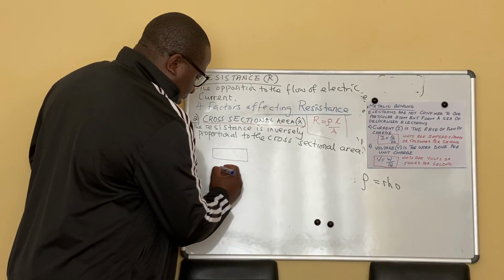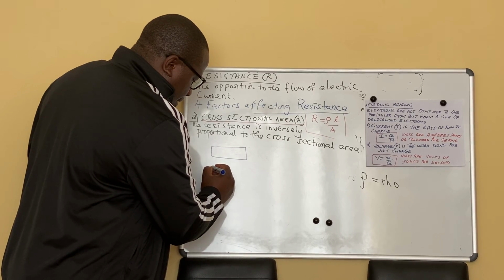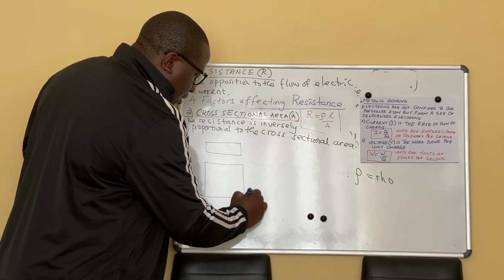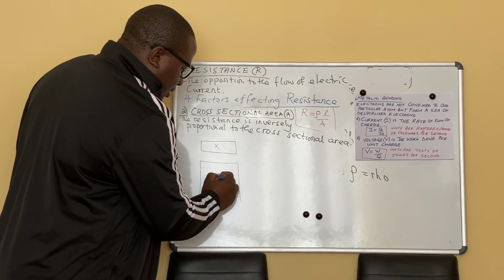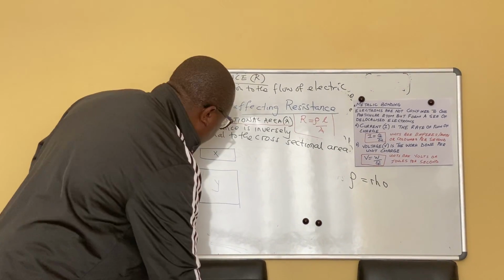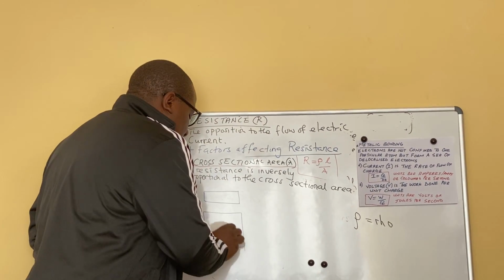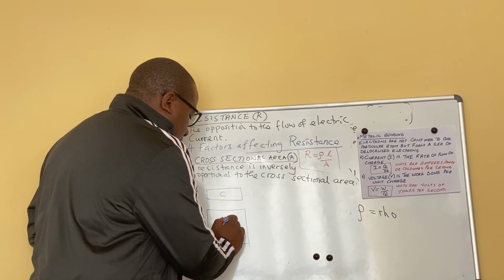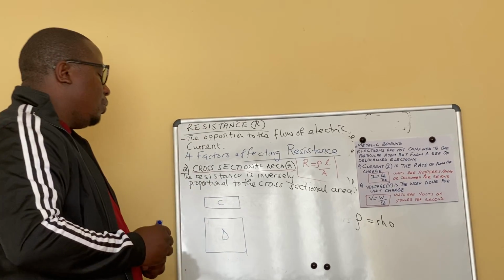Or maybe to avoid confusion, let's use different letters. Let's call them conductor C and conductor D. So these are two wires.